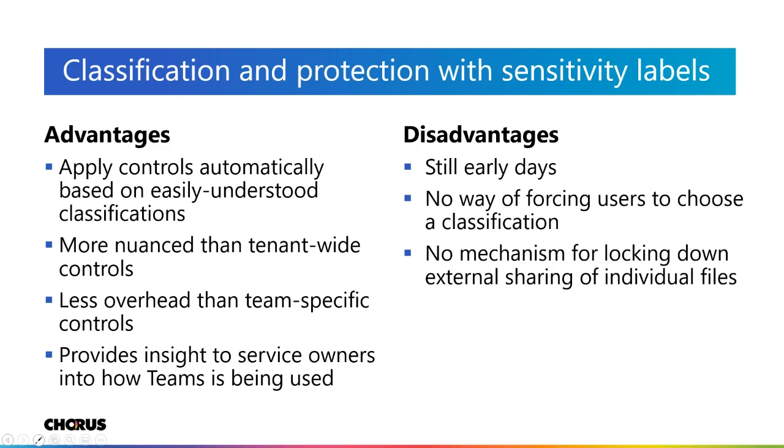It's not perfect. There are still some disadvantages. It's still young technology, so at the moment there are still limitations. There aren't any ways of forcing users to choose a classification at the moment. We expect that to come later. Having said that, as administrators, you can easily run reports to see which teams aren't classified and chase them up if you need to.